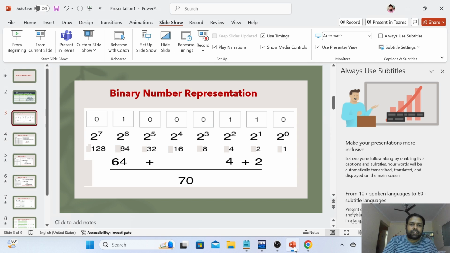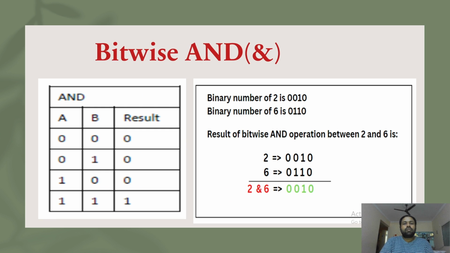Now let me shift to bitwise operators. Okay, so bitwise AND operator, very first, this is the symbol we are using. So very first let us see the truth table. We say if we have two zeros in bitwise AND operation, then the result is 0.